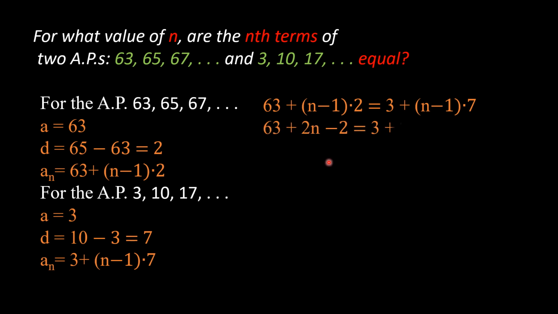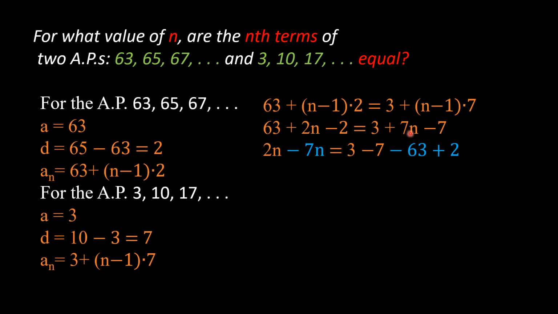Next, n into 2 will be 2n, minus 1 into 2 will be minus 2, n into 7 will be 7n, minus 1 into 7 will be minus 7. Now we will bring the terms 2n and 7n together and write 2n minus 7n.